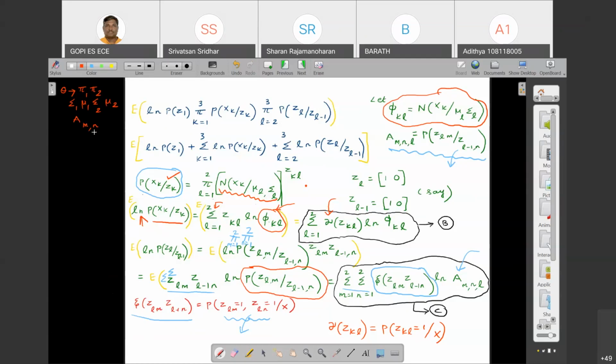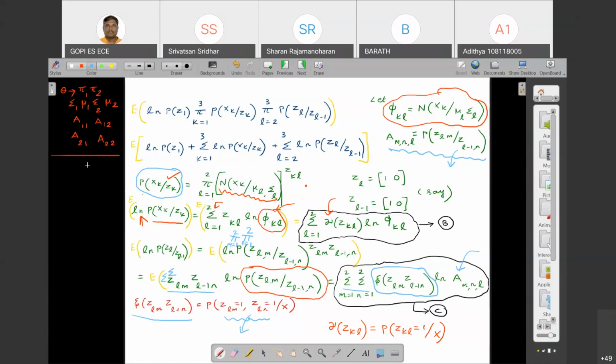This is a transition probability. Let me explicitly write A11, A12, A21 and A22. So these are all the transition probabilities in theta, right?